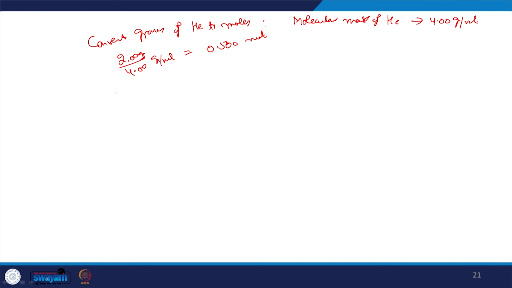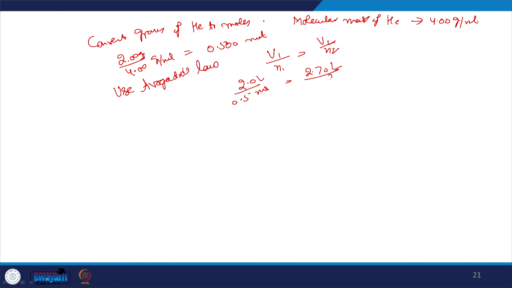Then second thing is that you can use Avogadro's law. So V1 over N1 is equal to V2 over N2, and that is 2 liter upon 0.5 mole equal to 2.70 liter upon X. So X is equal to 0.675 mole.